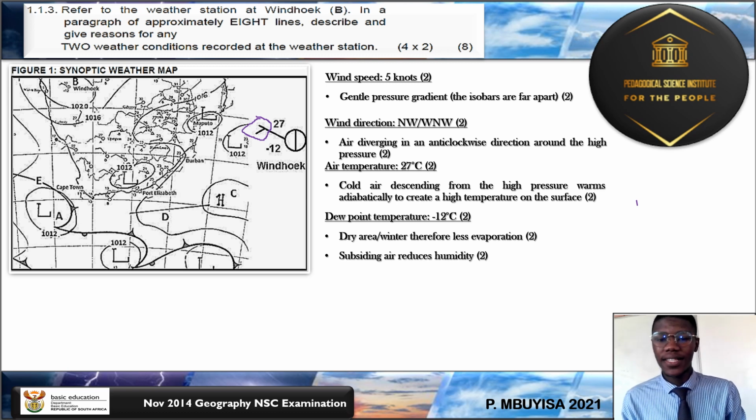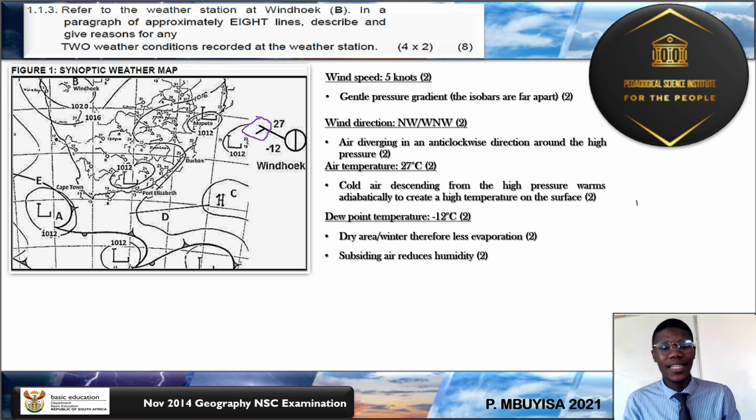So that is what happens. So when it gets to the surface, it will be high in temperature. Even though it is winter, the air is hot, but it is still dry because it's warming up adiabatically as it sinks from the Kalahari high pressure or from the high pressure system that is at the interior.